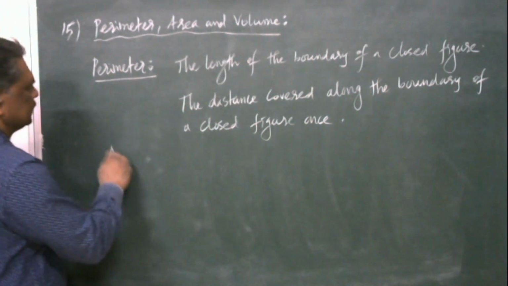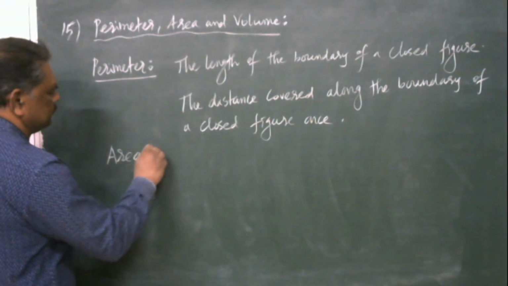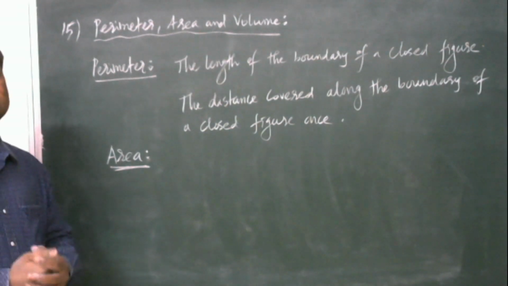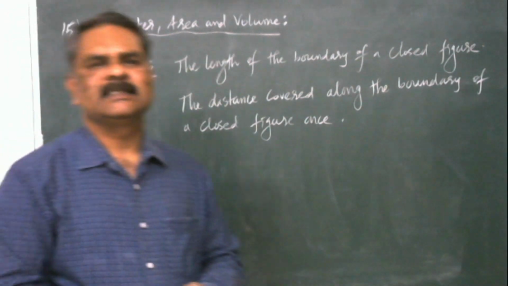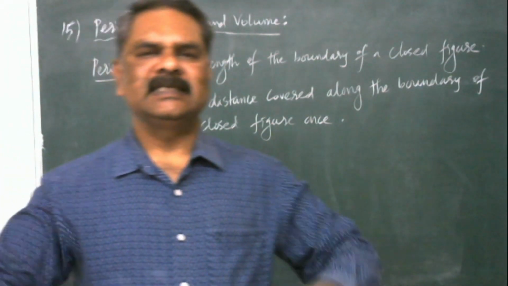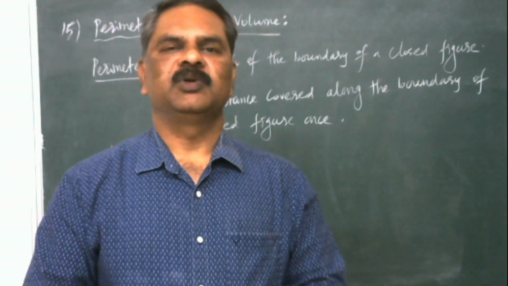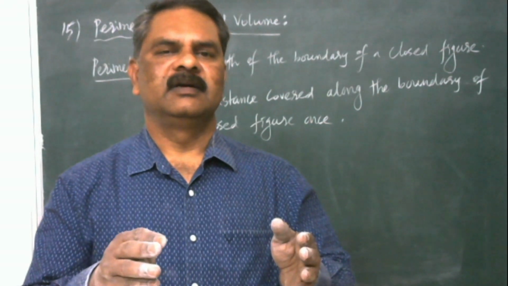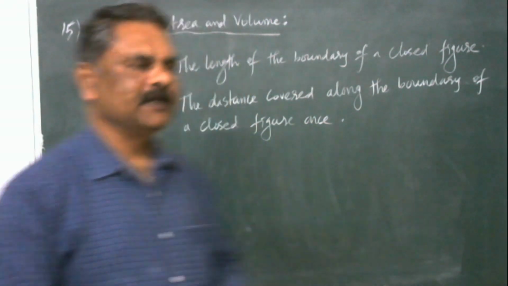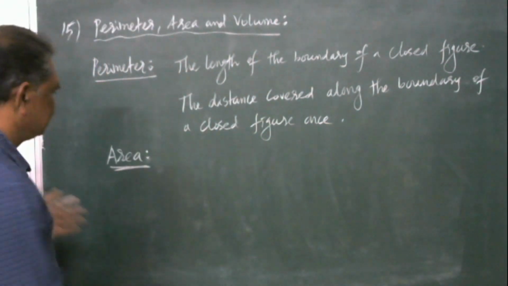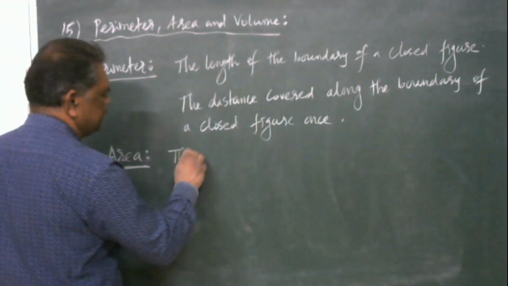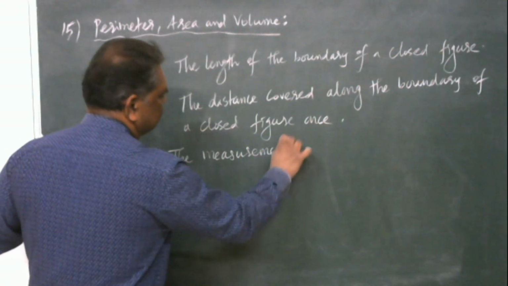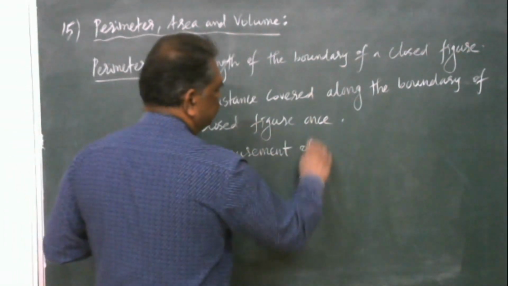Then the second is area. What is area? Area is the region, the plane portion, occupied or enclosed by a closed figure. We need to measure it. The measurement of the region.